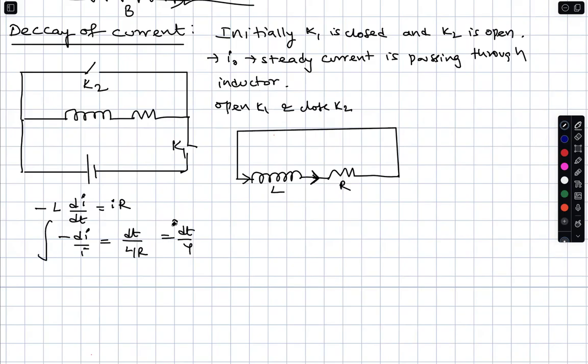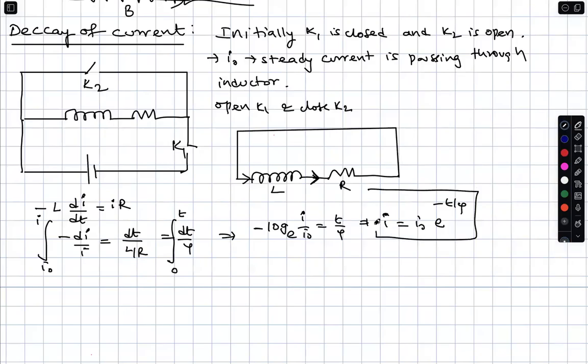Now you do integration on both the sides. At t equals 0 the current is I naught. At some time t, let the current be I. You know what happens? Minus of log e of I by I naught is t by tau. Implies I is equal to I naught e to the power of minus t by tau.